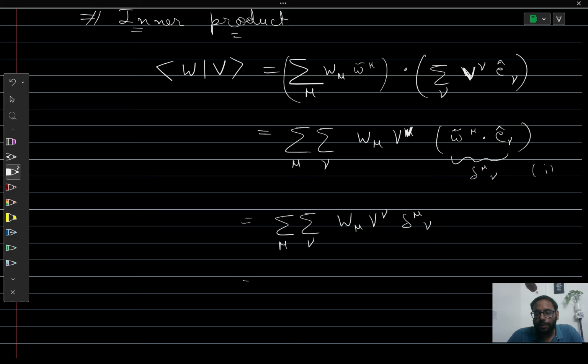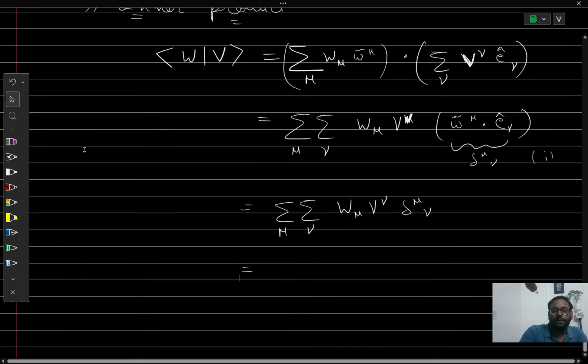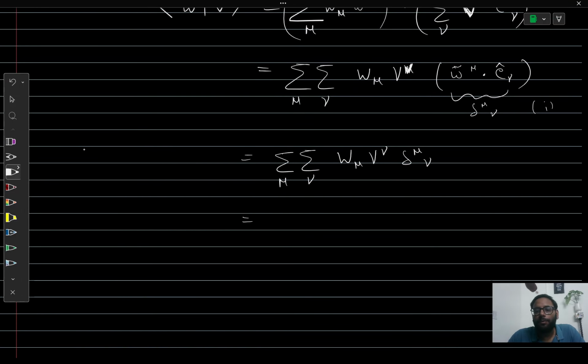So delta mu nu will cancel out one of the summations, because when the summation runs over one of the indices, suppose nu, it will be non-zero only, it will be 1 only for nu equal to mu.